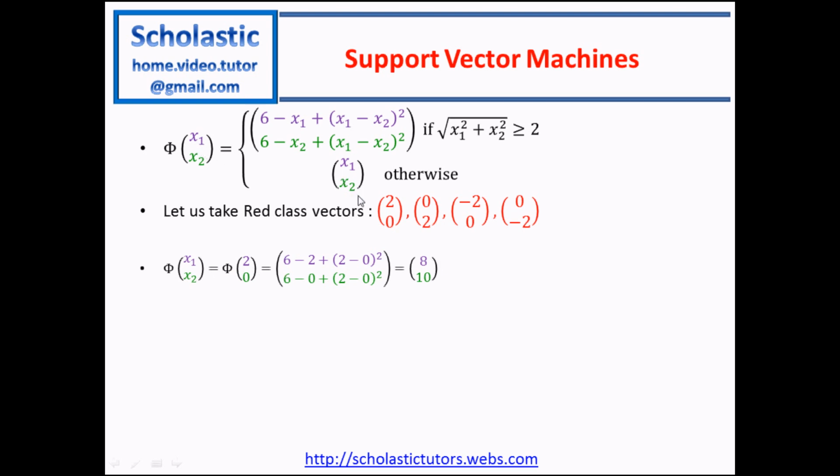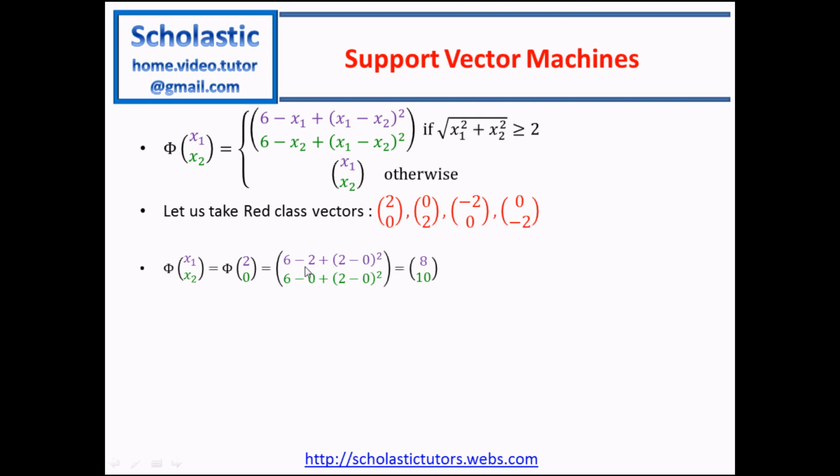If I take the first vector (2, 0), substitute x1 equal to 2 and x2 equal to 0, and then you can get the transformed value. 6 minus 2, plus (2 minus 0) squared, and similarly 6 minus 0, plus (2 minus 0) squared.